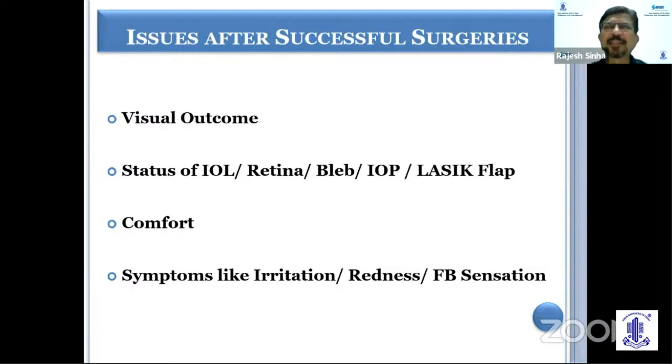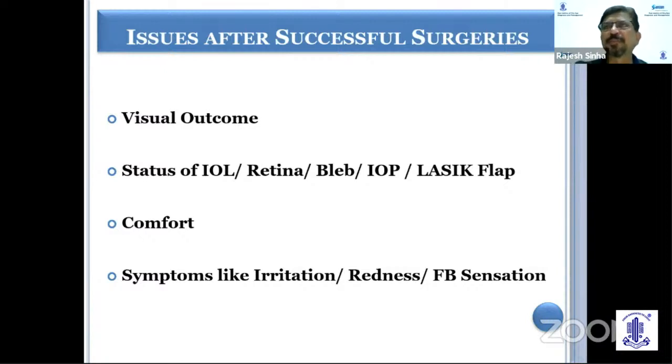But the same thing doesn't happen with patients many times, and patients are very much keen, very much concerned about their comfort. And many times these patients after the surgery, in spite of a very good visual outcome, in spite of a very good anatomical outcome, some of these patients do have symptoms like irritation, redness, and foreign body sensation.